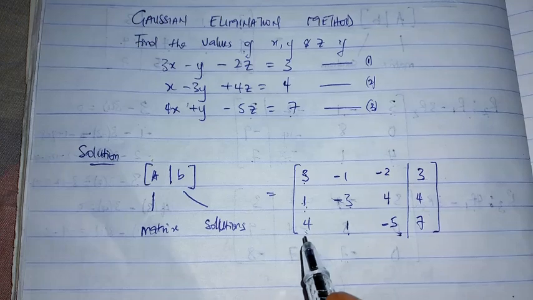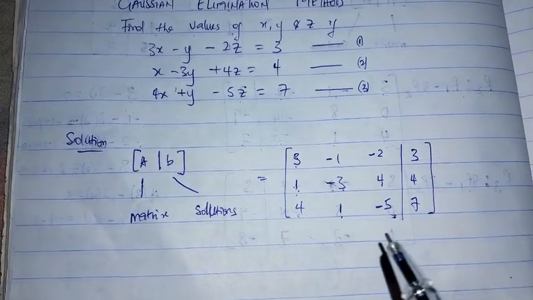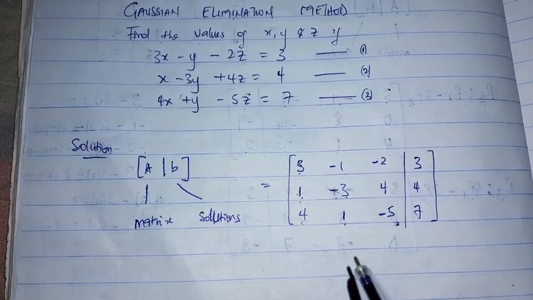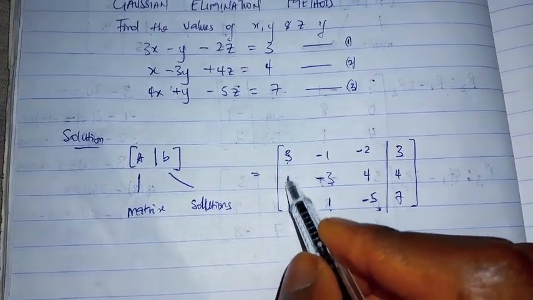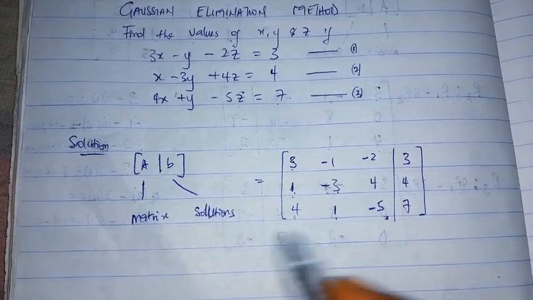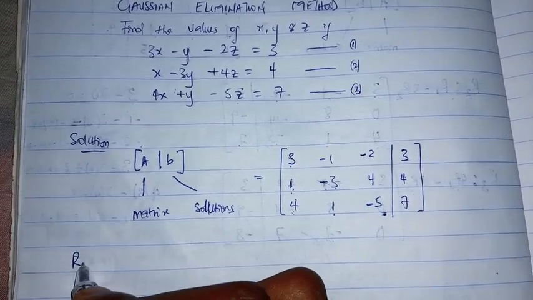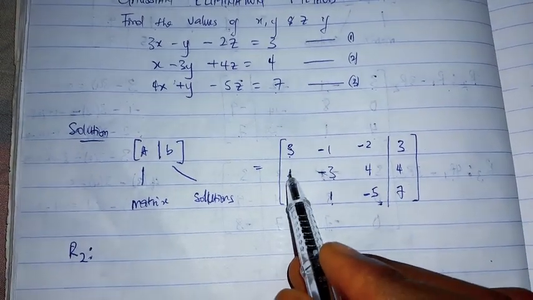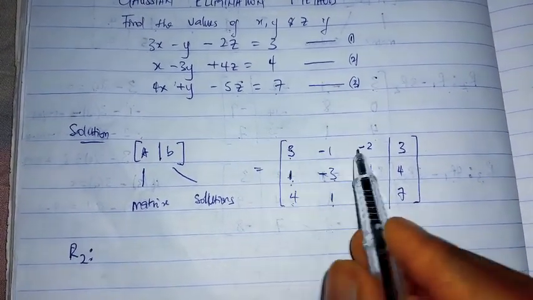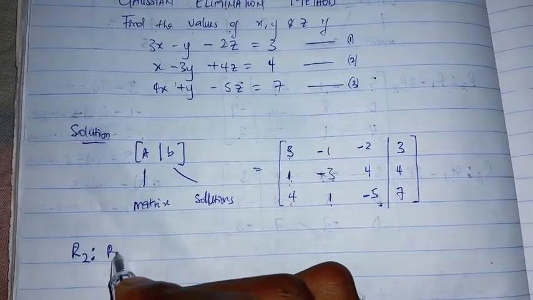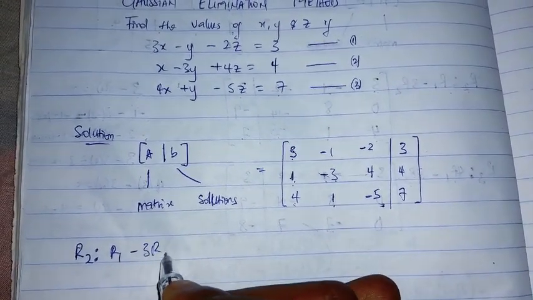Now the idea here is as though we're trying to eliminate, like substitution under simultaneous equations normally. But it's called row echelon form or method. Why? Because I'm dealing with different rows in the question. So since I want to convert 1 to 0 in row 2, this is row 1, row 2, row 3, it means row 2 is the same thing as row 1 minus 3 row 2.